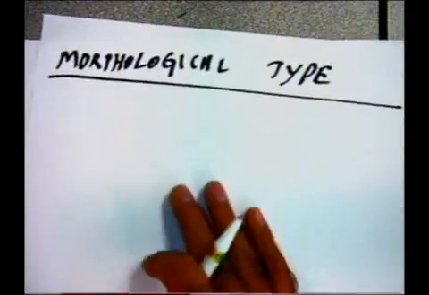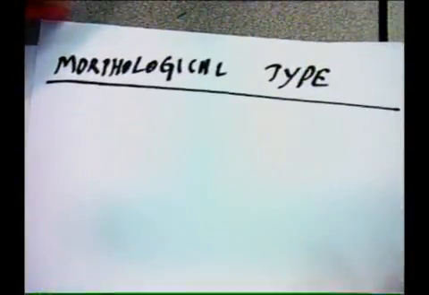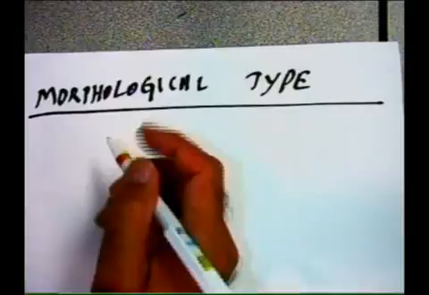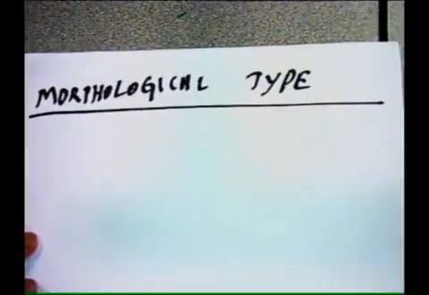The next type of cells in the epithelial tissue is the stratified squamous epithelium.